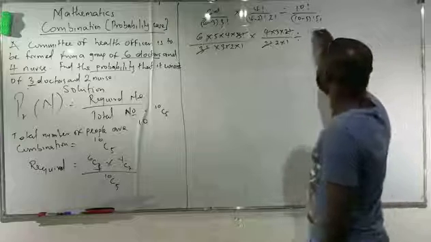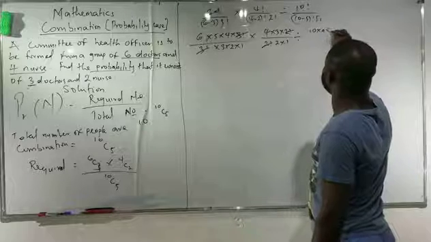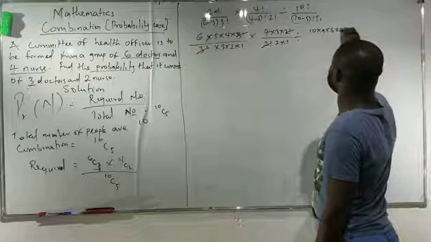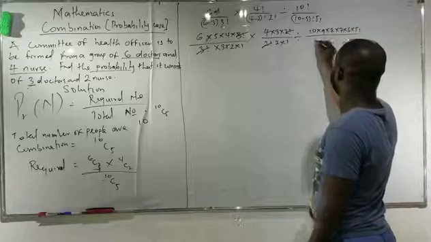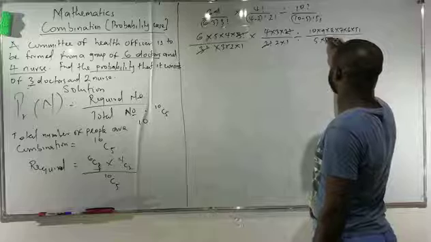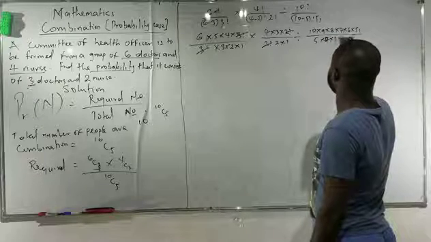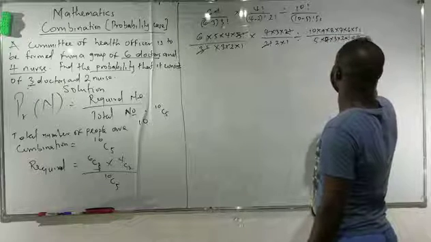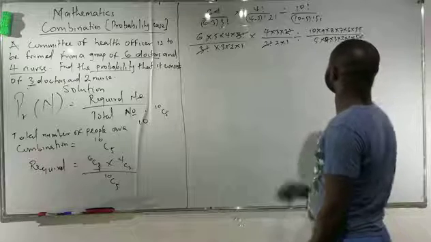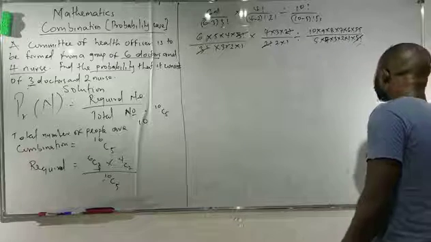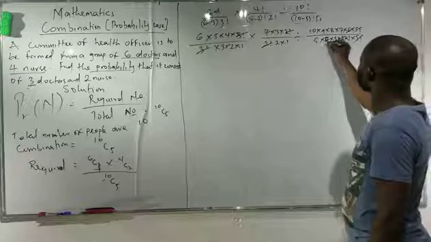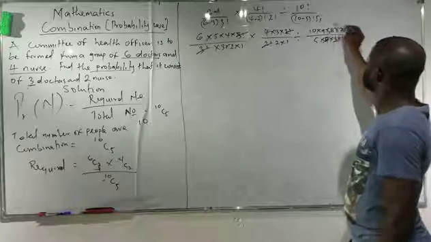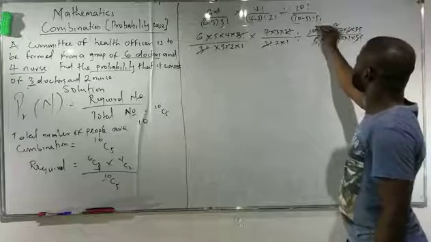I will be having 10 multiplied by 9 multiplied by 8 multiplied by 7 multiplied by 6 multiplied by 5 factorial, divided by 5 multiplied by 4 multiplied by 3 multiplied by 2 multiplied by 1 multiplied by 5 factorial. This will cancel this.